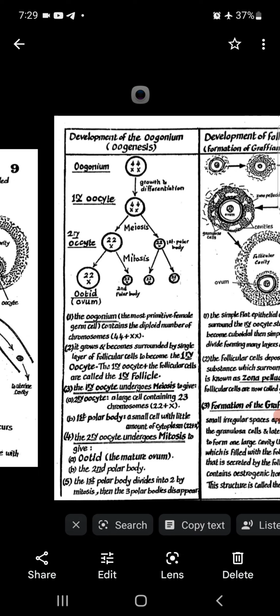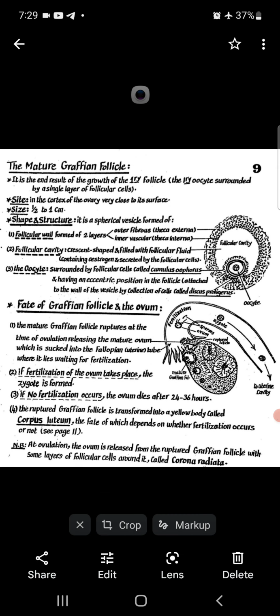And next is the mature Graafian follicle structure, and its layer like theca externa, theca interna, and last is the corpus luteum, and the ovum after 24 to 36 hour ovum die if no fertilization occur, and next is the corona radiata. Now today this is all about oogenesis.